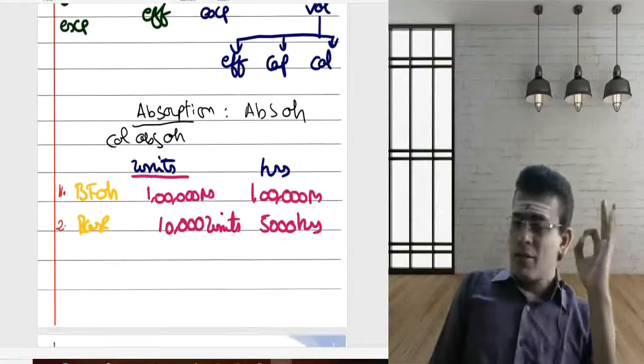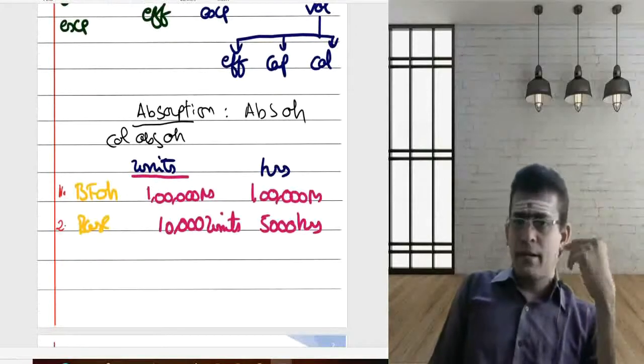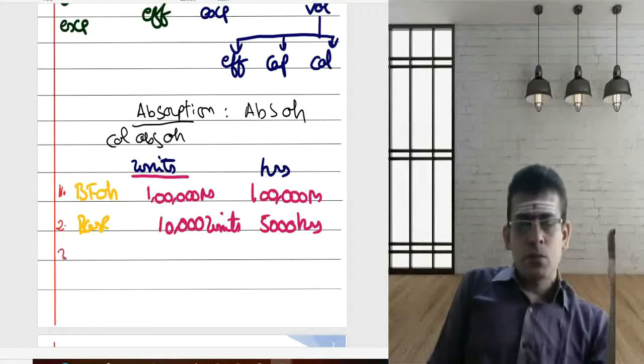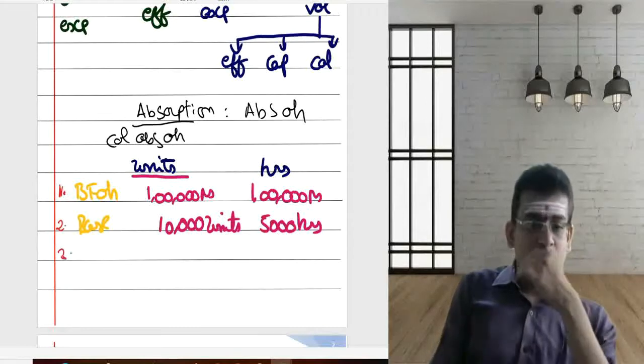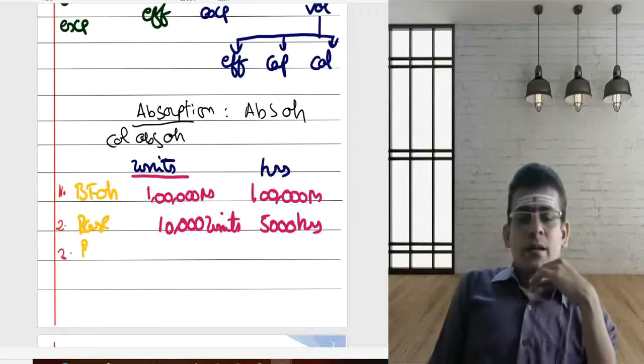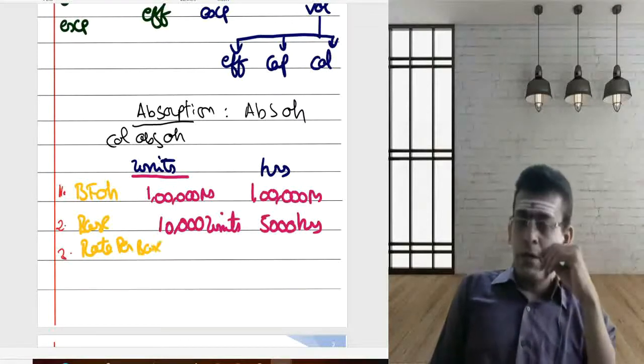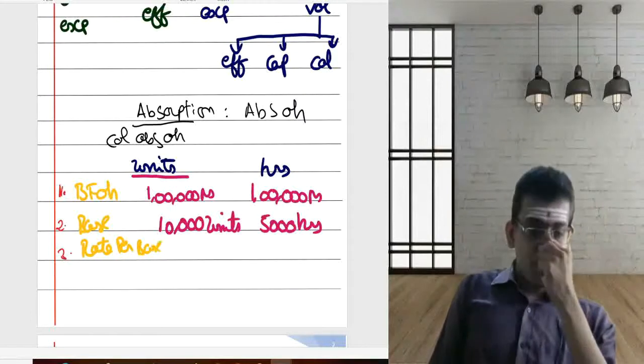So, generally the first and second step will be directly matched in the problem, so I will be directly taking that. Then based upon this, I will go to the third step. What is our third step? Rate per base. What is the meaning of rate per base? Rate per unit, rate per hour. So what am I going to do?